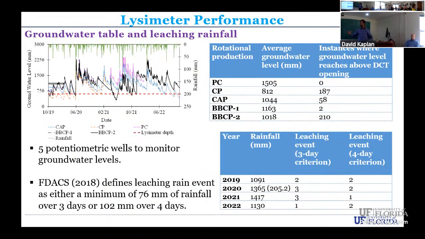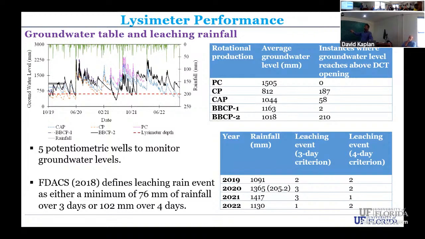It should be inverse, but you can see right here, the groundwater table was above the DCT tube, right? If it is below this line, it means it's above. And this is all the precipitation that we receive. Because of this heavy precipitation, groundwater table is up, especially at the beginning when we install the lysimeter. It takes time for it to settle, so that's why we probably have a higher groundwater table, or some offsets.